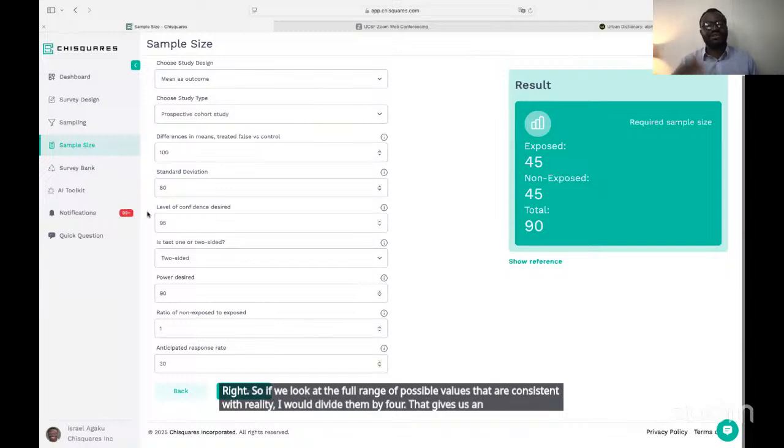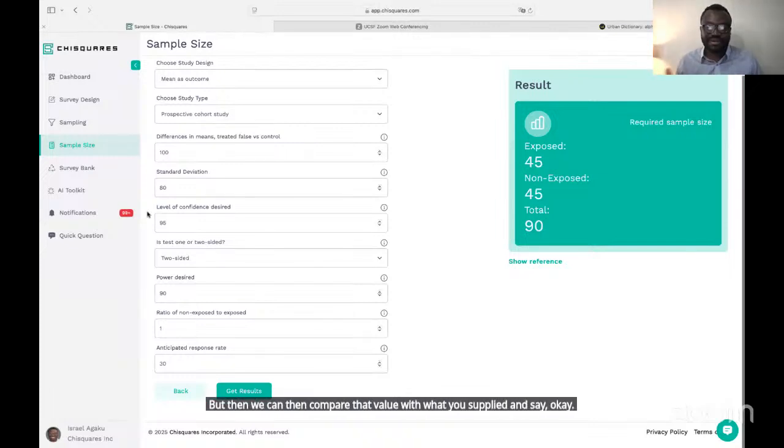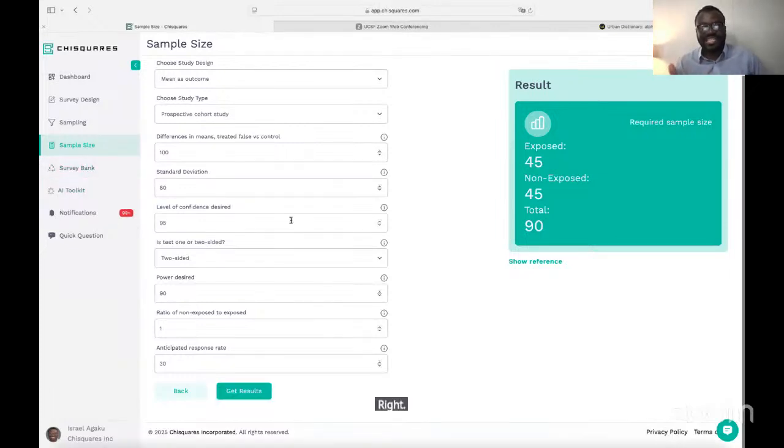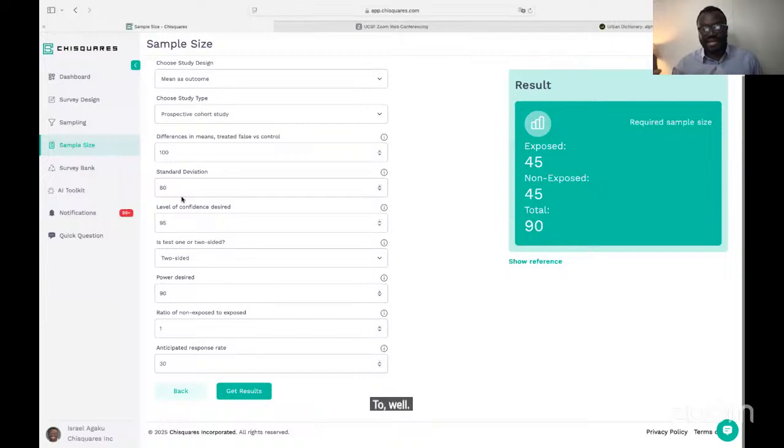That's just a rule of thumb, obviously. It doesn't replace getting the actual value. But then we can compare that value with what you supplied and see if it matches up. So let's look at that exercise. The range of possible blood loss could be that I did not lose any blood, which is 0, to, well, you said the other range was 200, right?